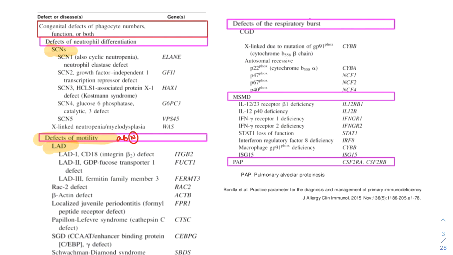Other defects can be the defect in the oxidative respiratory burst, which I told you is associated with a normal neutrophil count but an abnormal neutrophil function. So, a defect in the oxidative burst is found in chronic granulomatous disease.